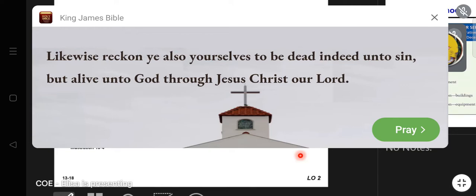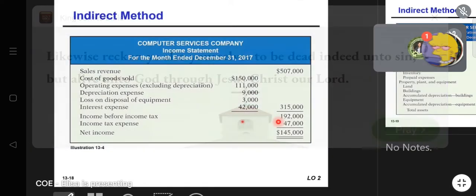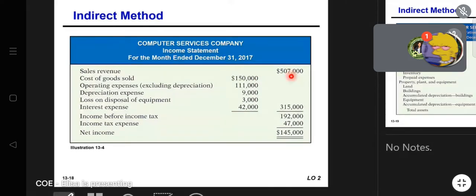And then, loss on disposal of equipment. And then, interest expense. So, these are typical transactions. So here 150, cost of goods sold, operating expenses, depreciation, loss.